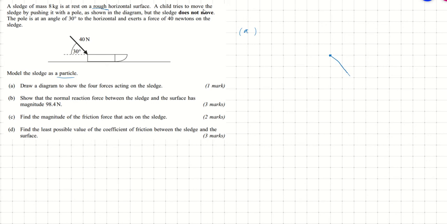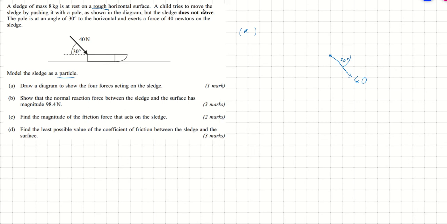So this is this 40 Newton force, and it's at 30 degrees. Actually, if you think about opposite angles, that 30 degrees there is the same angle here with the horizontal. So we've got a 30 degree angle, 40 Newton force. So that's our first force.